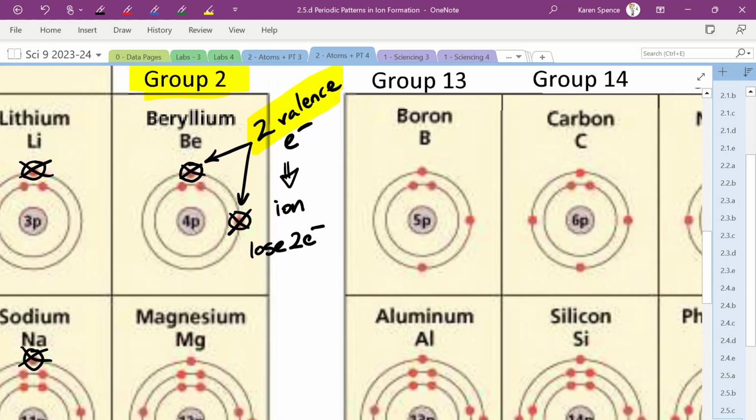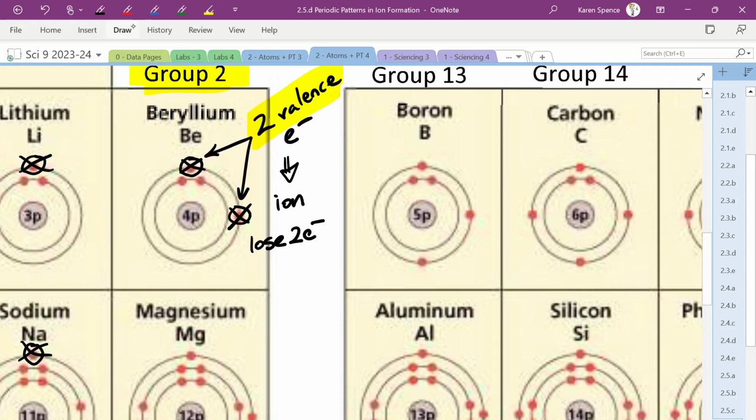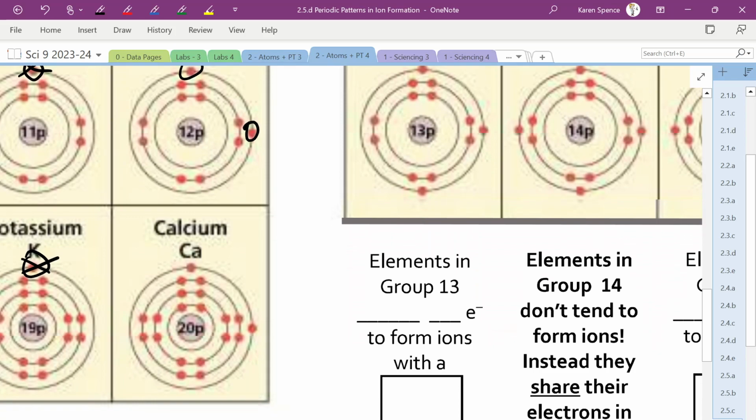Let's look at magnesium. Does magnesium have 2 valence electrons? How about calcium?